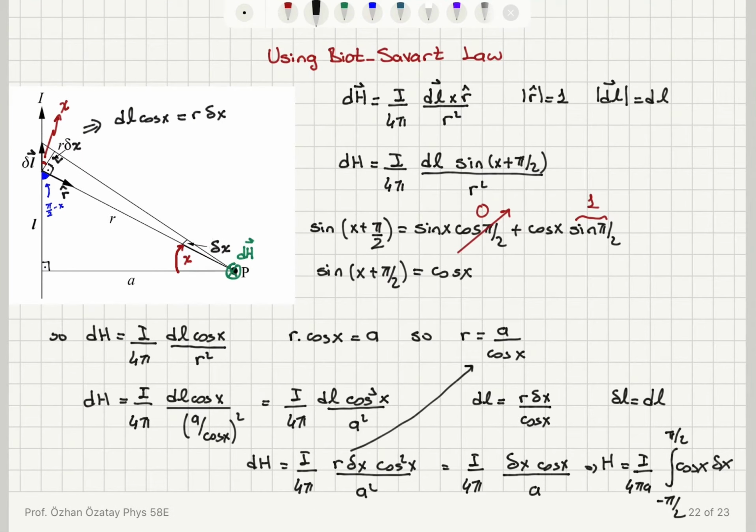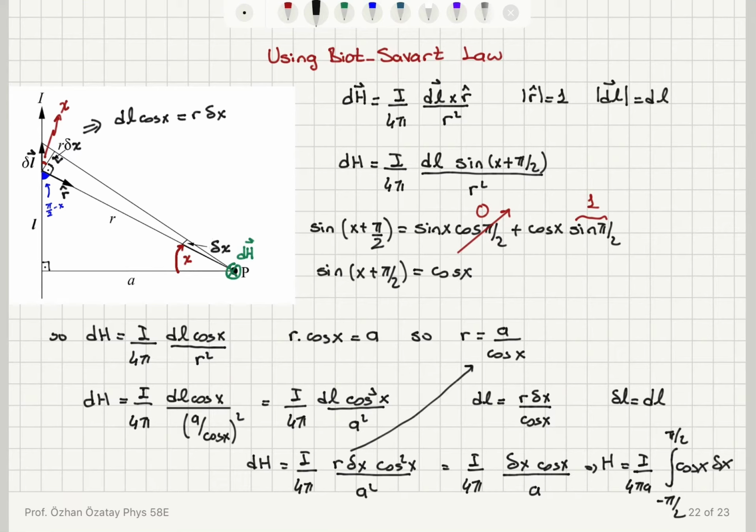So what we did is we considered a current element which has a length dl multiplied by the current. It's defined as a vector that is in the direction of the current. The magnetic field due to this current element is I divided by 4 pi, dl cross r hat over r squared.